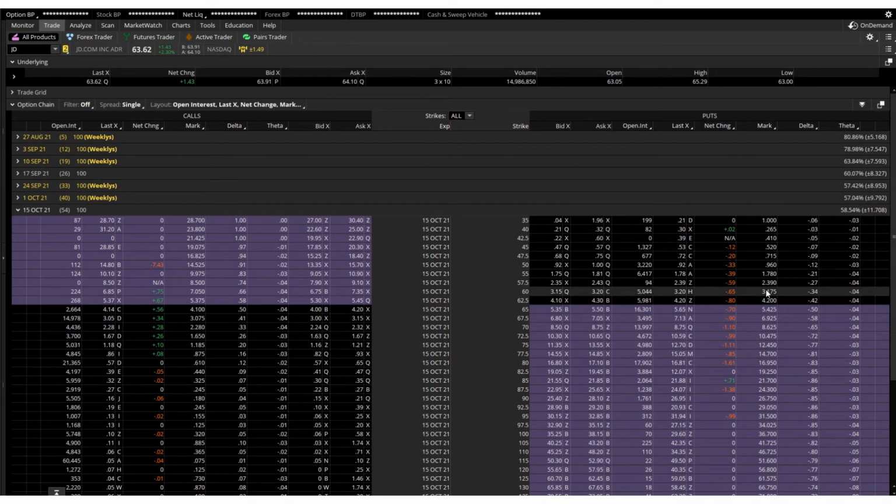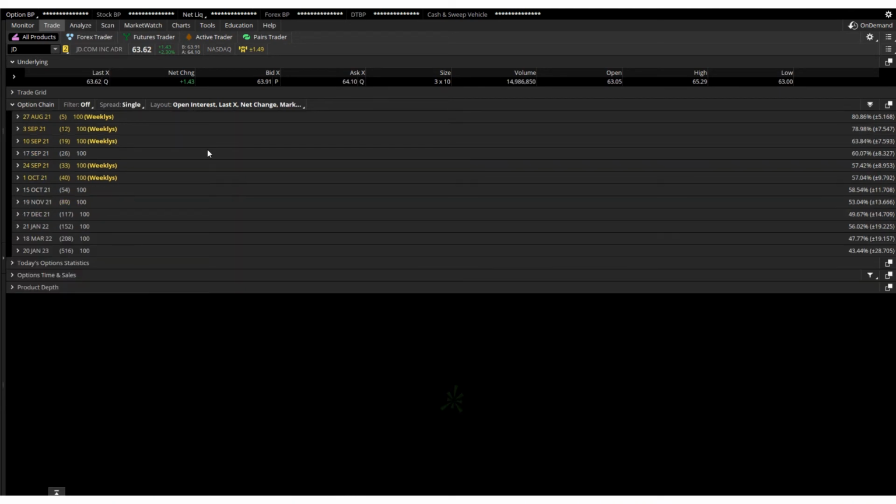So if price comes down to being in the money, let's say it goes from $2.39, come October 15th, let's say the premium is now worth $540 per contract. So for that one contract, I'll be up maybe 2.5 times the amount that I put in. So that's the rationale for this trade.